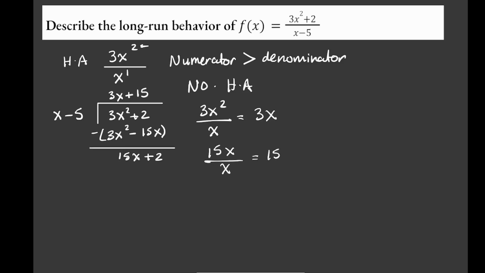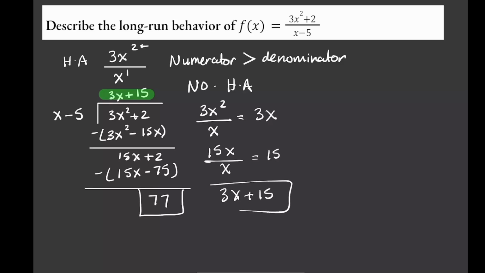Multiplying it gives me 15x minus 75, subtract, the 15x goes away, and now I am left with 77 as my remainder. So now my oblique asymptote is always going to be the function I get as my quotient. So right here, 3x plus 15 is my oblique asymptote.